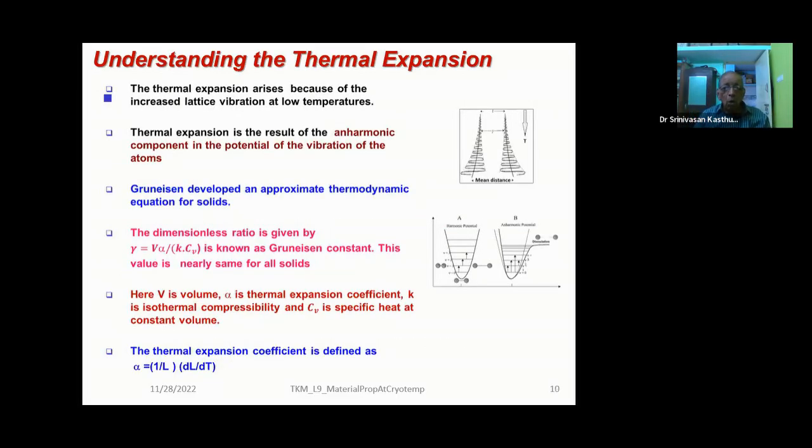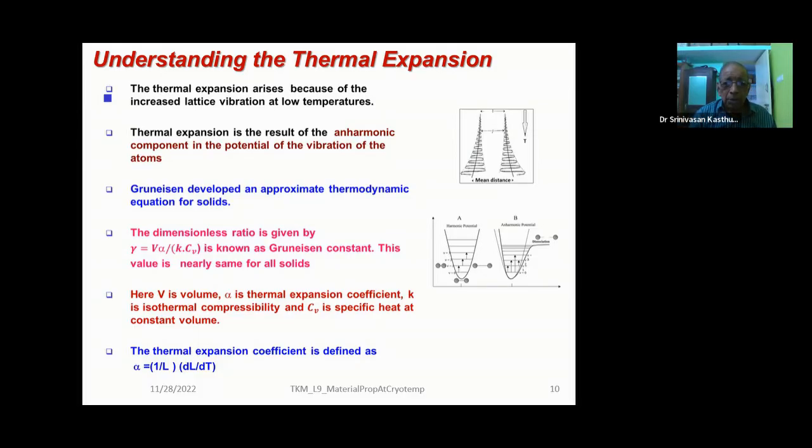How does thermal contraction, or what is the reason for thermal expansion? Now, I don't know whether people have studied this. First of all, you can imagine the atoms are all arranged in a lattice. In a lattice there are fixed points where the atoms are located.